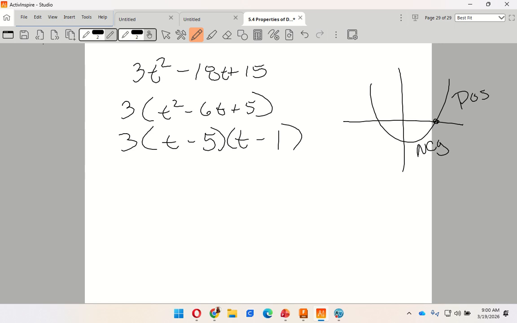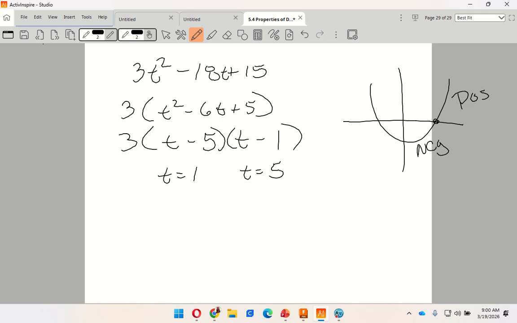So I could start off going left in this equation, and at this time, right here, it goes to positive, over that interval that I'm talking about. But right here I have two of them. So this is t equals 1 and t equals 5. So I have two places that it's going to change direction.